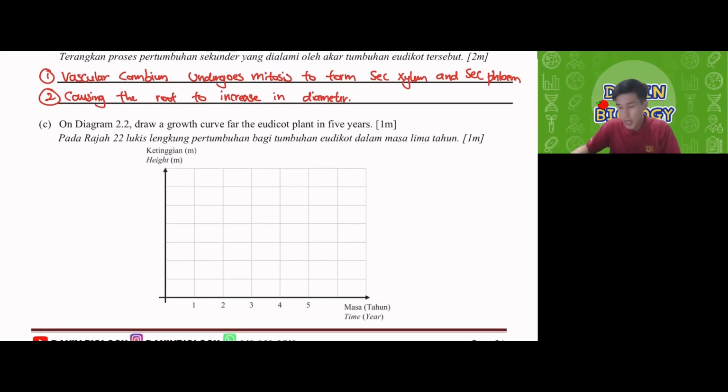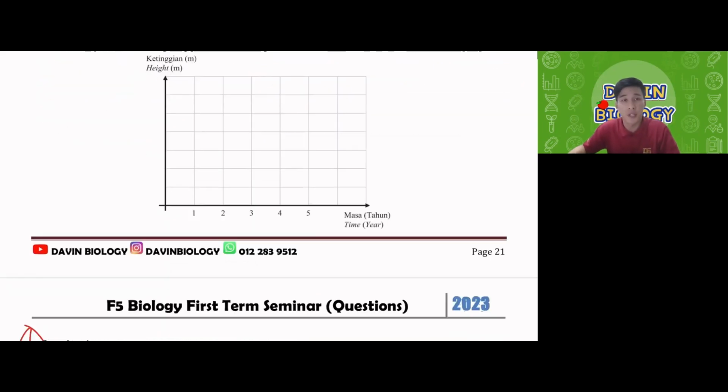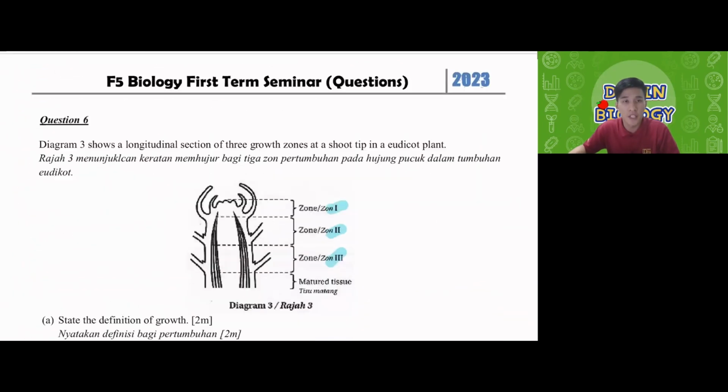Okay, now this one later we draw, when we go through the growth curve. So we do another one first, fast.